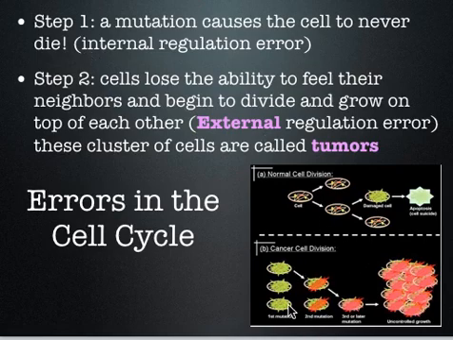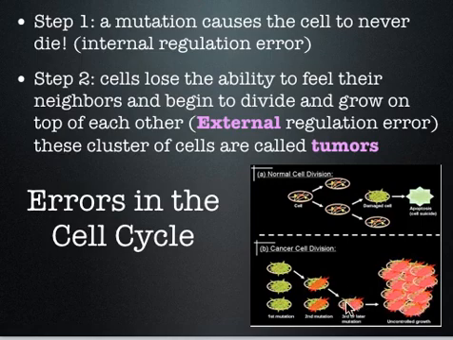Here's what happens. Here are 3 cells. This cell goes through mitosis and makes a clone of itself. But it doesn't die. It keeps living, and that clone makes another clone. It has another baby, and that baby also is not good.